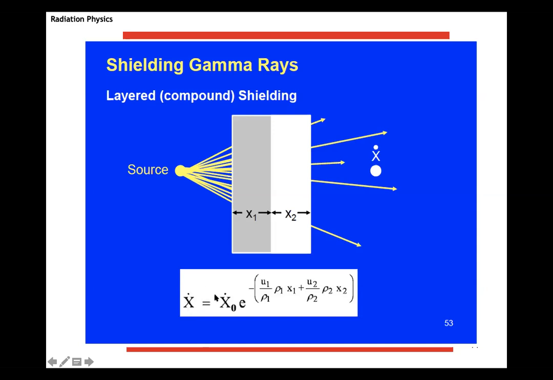But of course, the same formula applies to the dose rate, to everything you want. The important thing is that it is simply additive in the exponential. So you will have minus mu1 divided by rho1 times rho1 x1 plus mu2 divided by rho2 times rho2 x2.